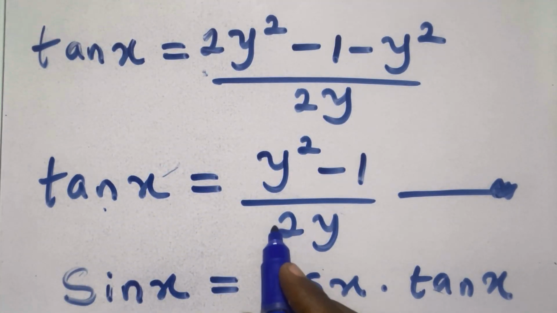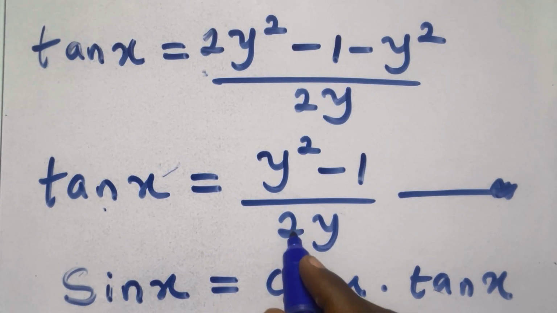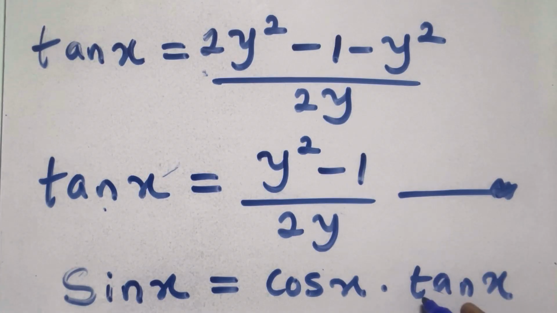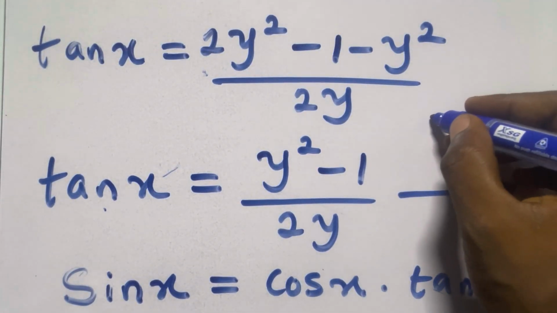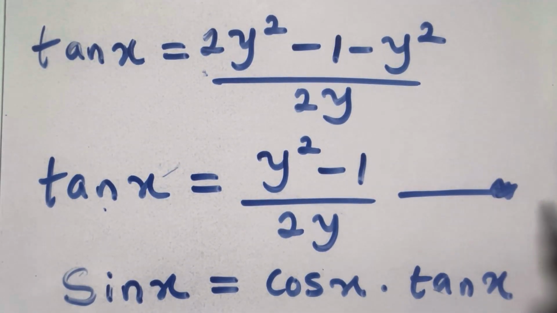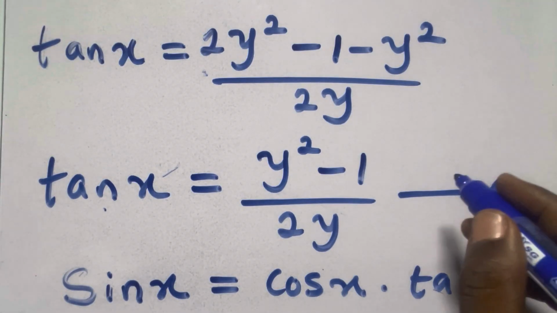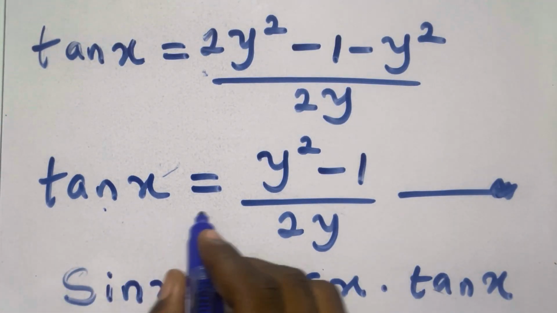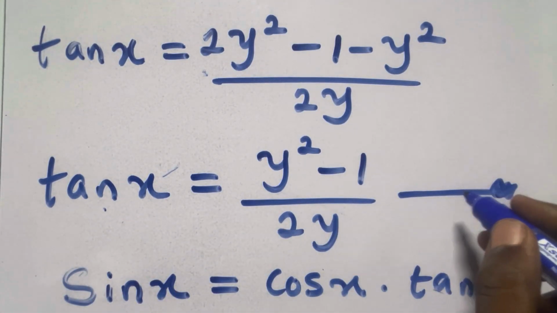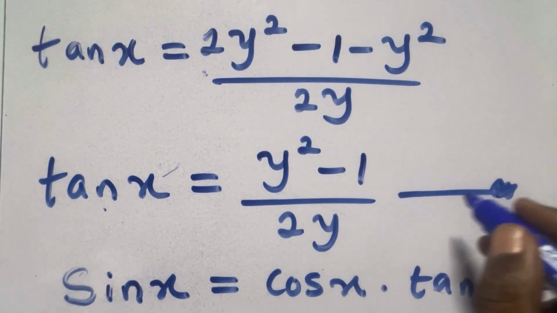We've also gotten our sec x, right? So what is left now is to find our sin x. Remember, our original equation says f of tan x plus sec x, and we've gotten our tan x here. We've also gotten our sec x to be 1 plus y squared divided by 2y.